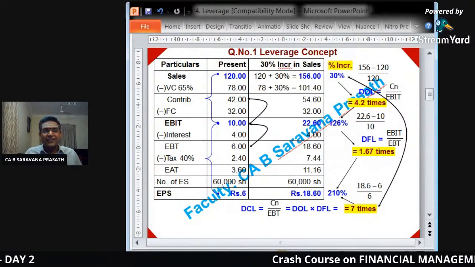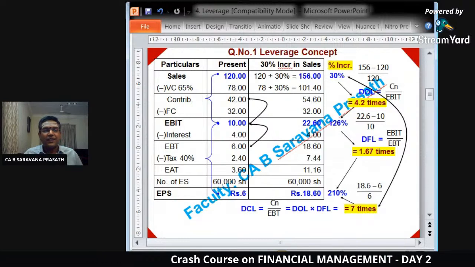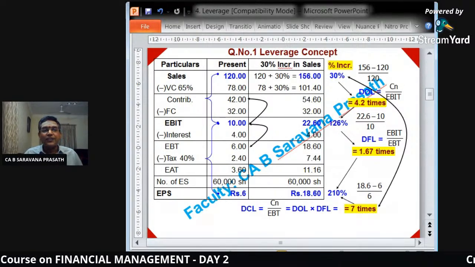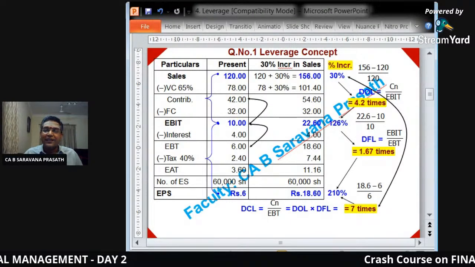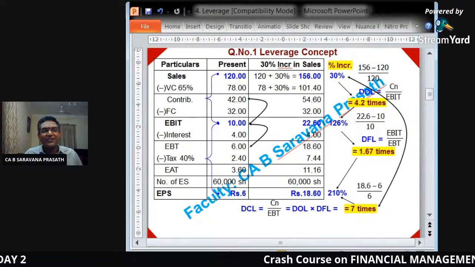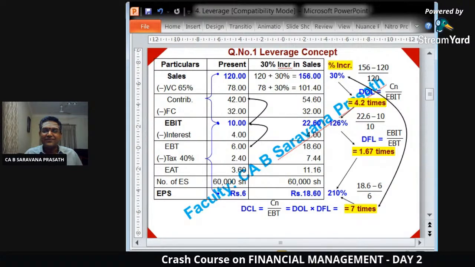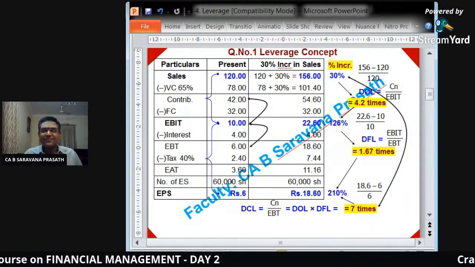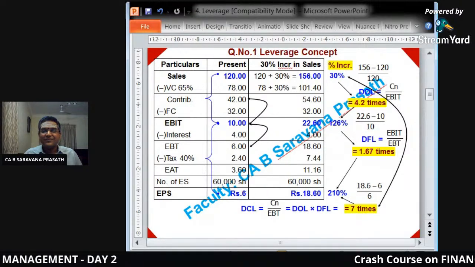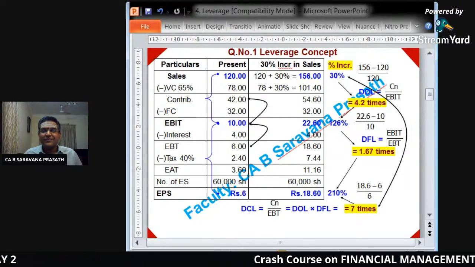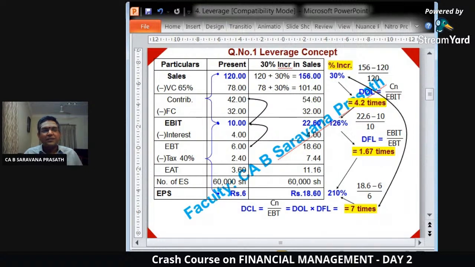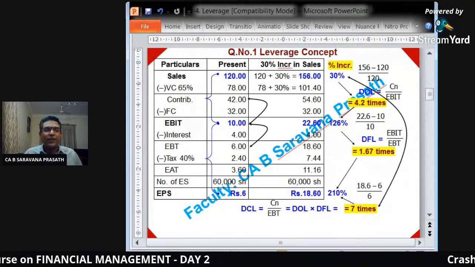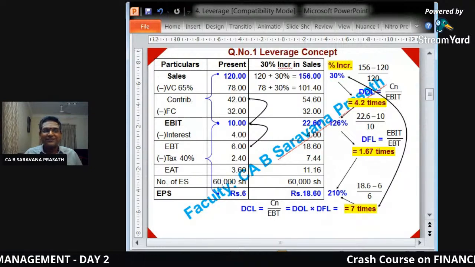Operating leverage or financial leverage? Participants can send in their answer through the chat mode. You can raise your queries through that.